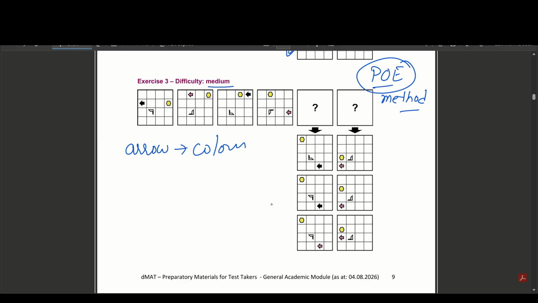So here, then here, then here, then here. Okay. So it is basically moving like this. Clockwise direction, it is moving clockwise.